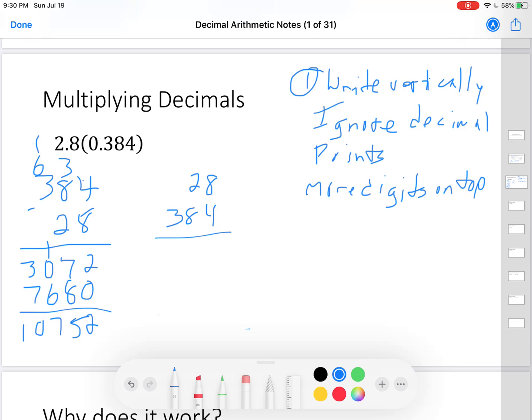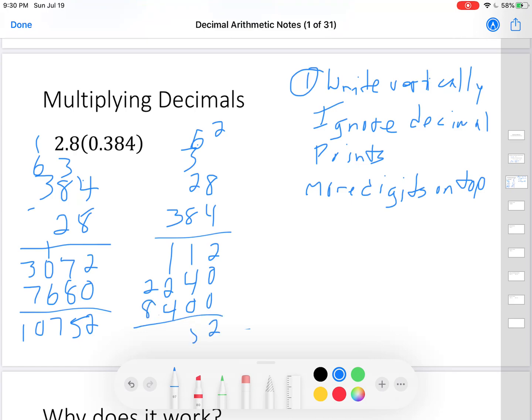Now, that was multiplying with the one with more digits on top. Let's multiply with the one with fewer digits on top. 8 times 4 is 32. 8 times 2 is 16, plus 3 is 19... then a placeholder. 8 times 8 is 64. 8 times 2 is 16, plus 6 is 22. Two placeholders. 3 times 8 is 24. 3 times 2 is 6, plus 2 is 8.